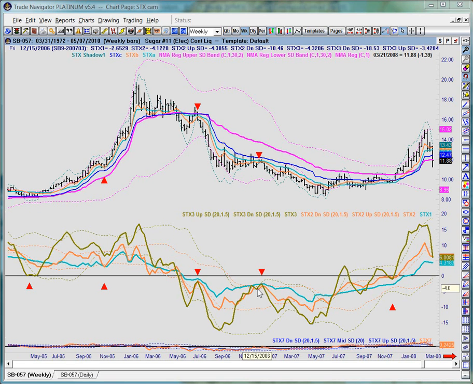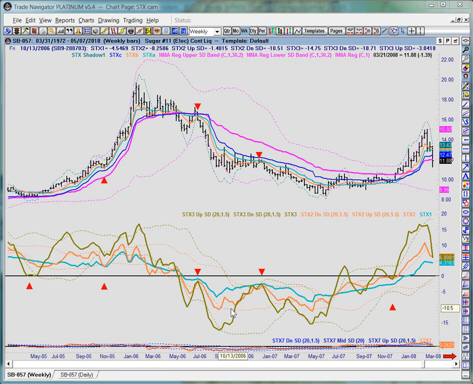Here's a case where that is true. Clearly the slow oscillator is below zero. The fast oscillator has rallied off of a low point, come back, and is achieving overbought by virtue of being above its upper standard deviation band, yet in a primary degree bearish climate, as defined by the location of the slow oscillator relative to the zero line.